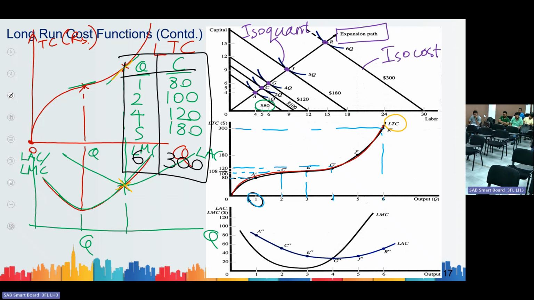The expansion path shows how the firm can expand its production at efficient input combinations, with optimum input combinations. So these points represent optimum input combinations.